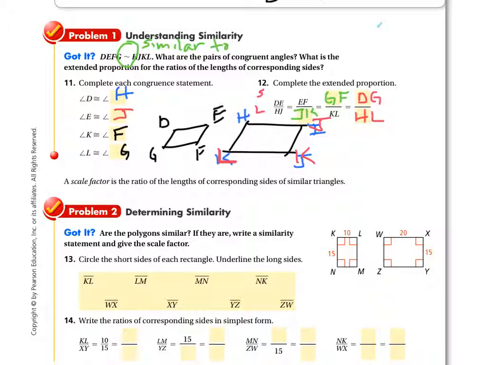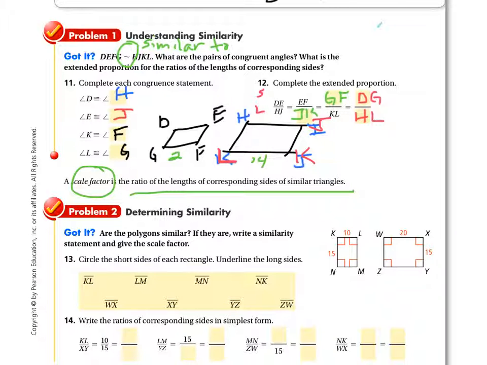Okay. All right, so then let's look at scale factor. So they've given you this word here, scale factor. We're going to use that a lot. So your scale factor is the ratio of the lengths of corresponding sides of similar triangles. So if, for instance, above here, the length from G to F was 2, and the length from L to K was, I don't know, let's let it be 14.